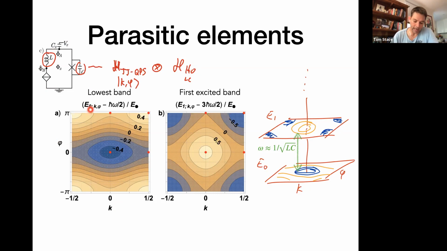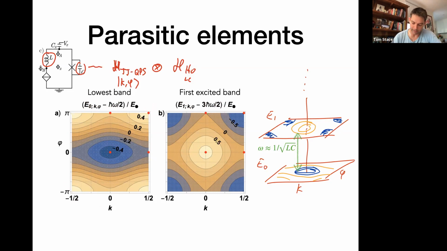But with respect to any harmonic oscillator excitation 0 or 1 or 2 or higher integers, I have a band associated to that oscillator excitation number. So the lowest band is this picture here, and the next excited band is this picture here. So the lowest band you can still see has a minimum at the center, a maximum at the corner, and 2 saddle points. And those properties are exact. So they're not approximations. That's a statement that's precise.